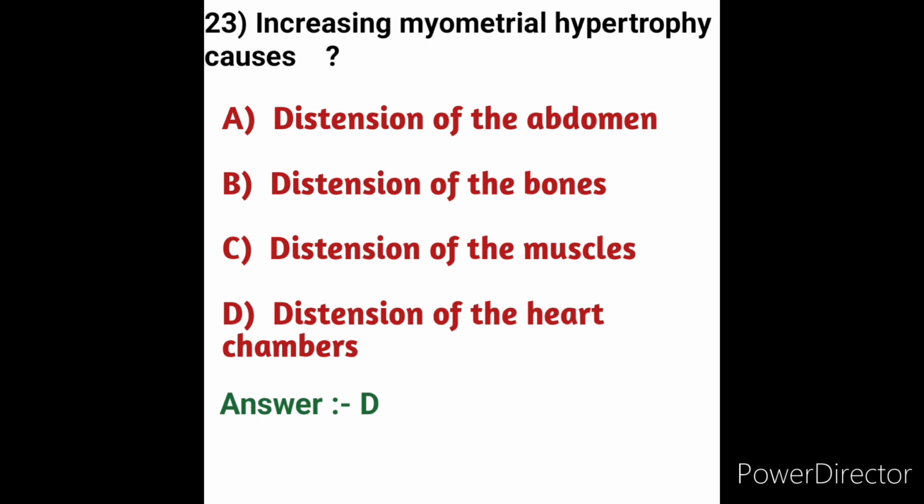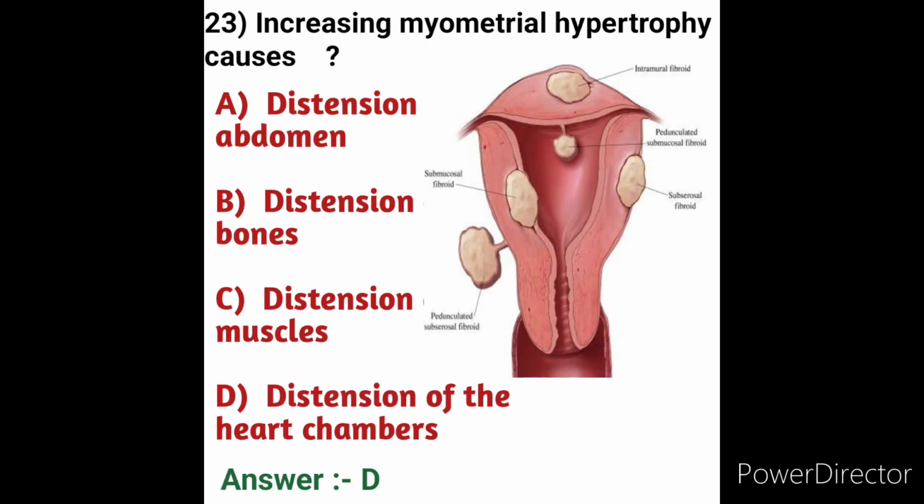Myometrial hypertrophy is increased thickness of the myometrium, and due to hypertrophy of the muscle cells, causes are uterine fibroids and adenomyosis. Here you can see the fibroids in the uterus in this picture. The common fibroids are uterine fibroids.